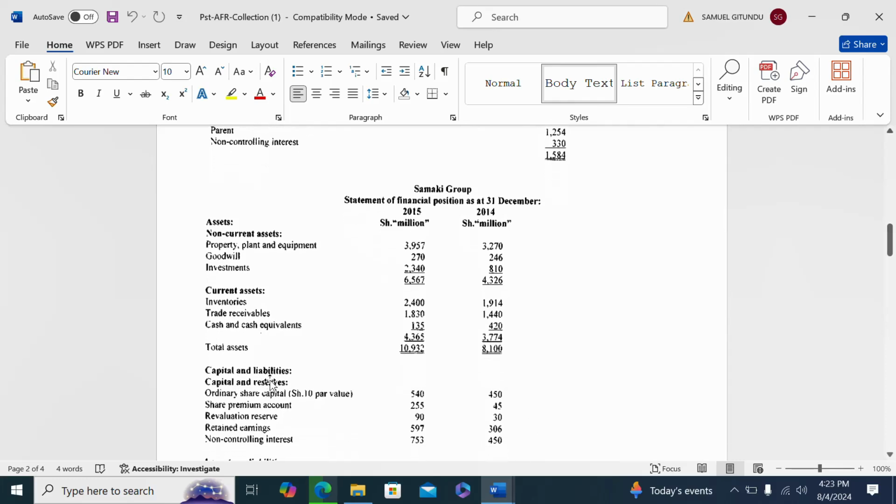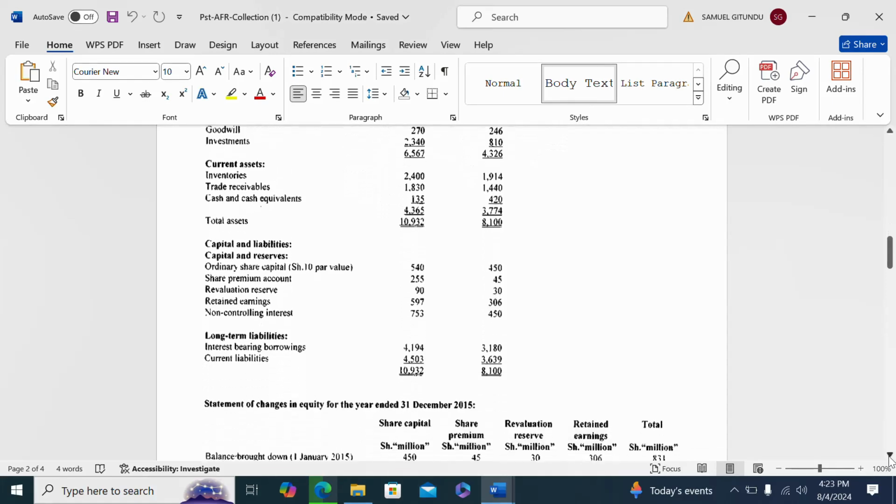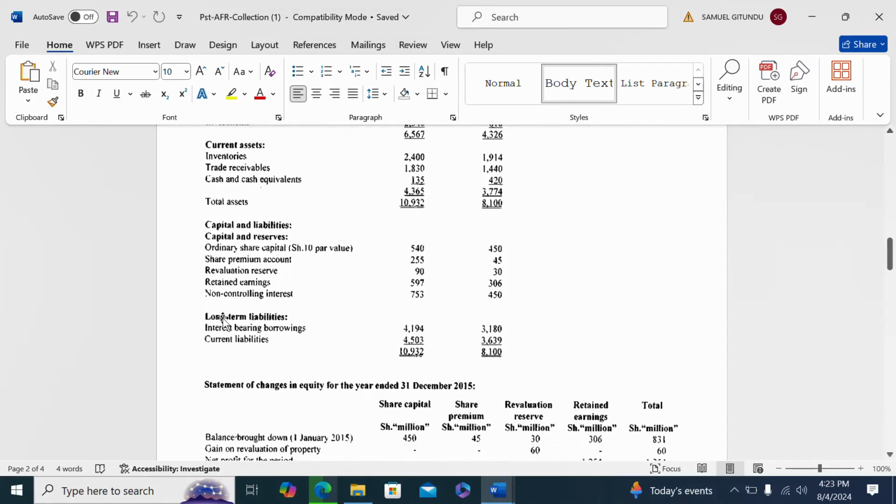Then we have capital and liabilities, ordinary share premium, revaluation reserve, retained earnings, non-controlling interest, and long-term liability and current liability. So all the current liabilities have been combined together in these statements of financial position.